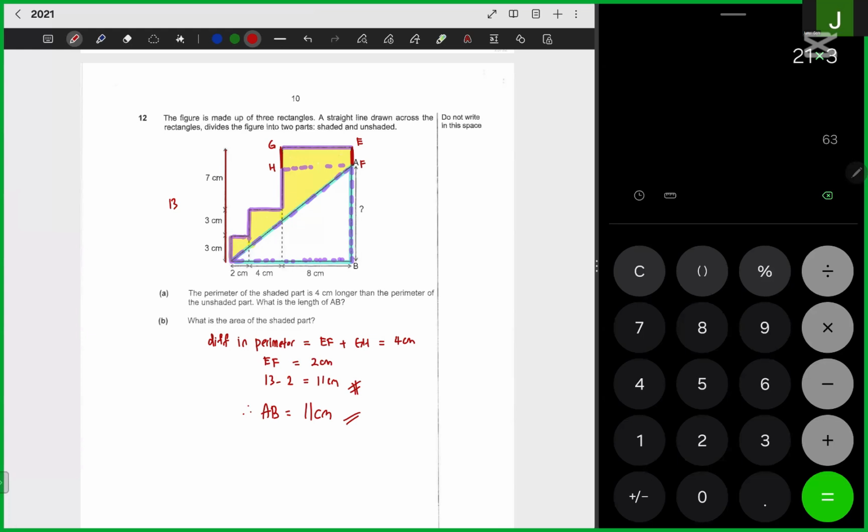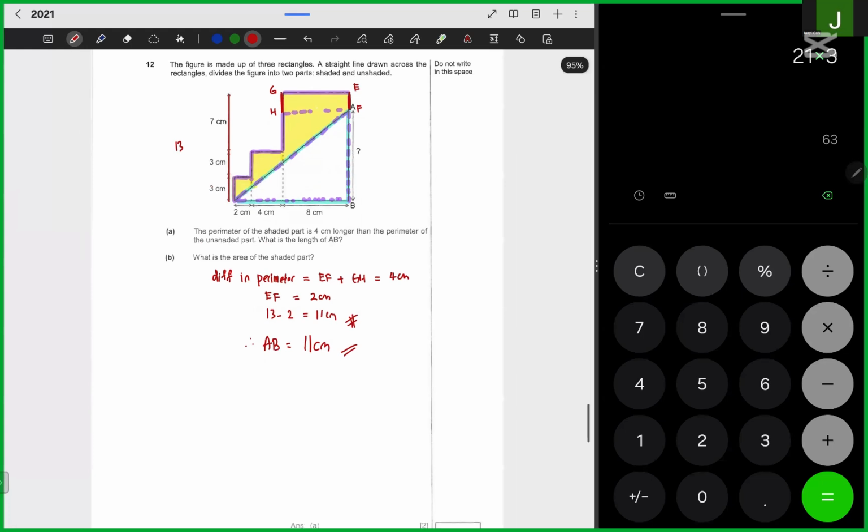After you figure out that AB is equal to 11, this question becomes very simple already. So then you just take the area of the three rectangles.